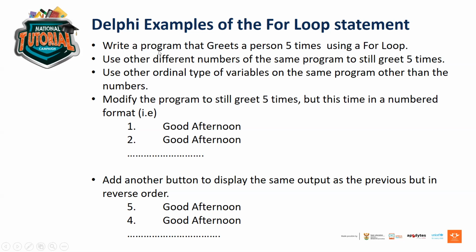So we're going to write a program that greets a person 5 times using a for loop. I'm going to stop sharing the screen and go on to the Delphi programming so that we do this particular question. Please keep in mind this question: write a program that greets a person 5 times.